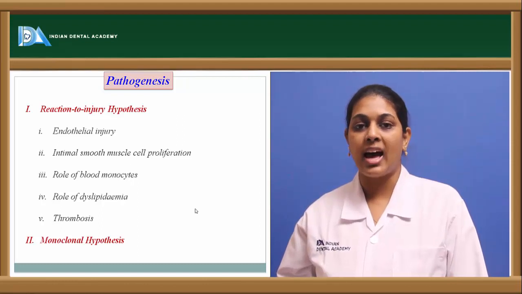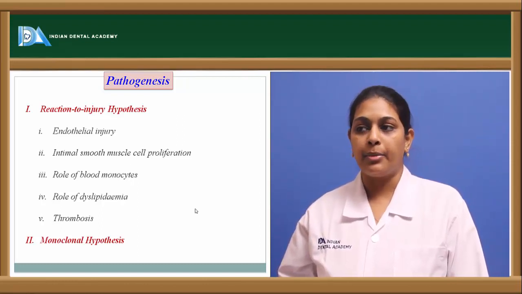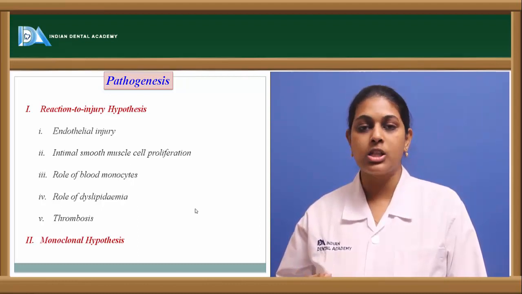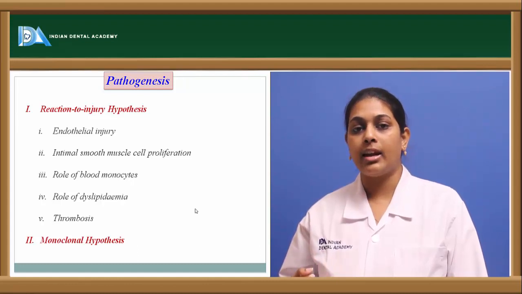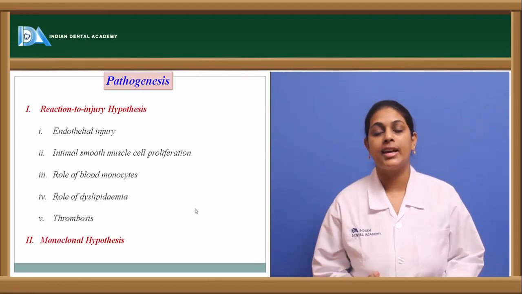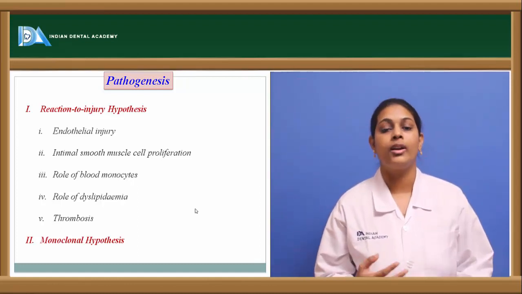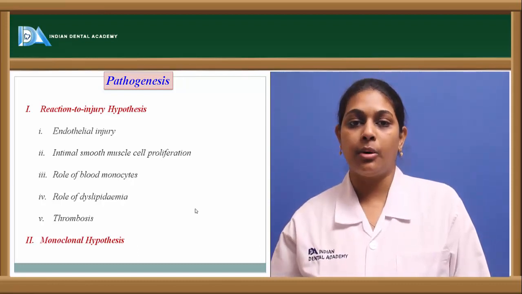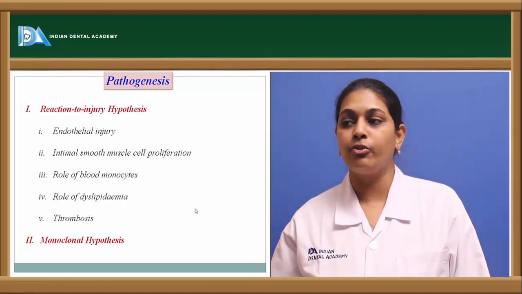These blood monocytes usually have membrane impermeability. That is, they do not allow low density lipoprotein molecules to enter within them. But we see in atherosclerotic plaques that the monocytes provide an environment for the low density lipoprotein molecules to enter within them, and together with the monocytes they result in the formation of foam cells.